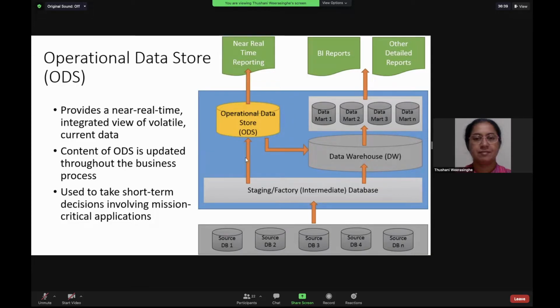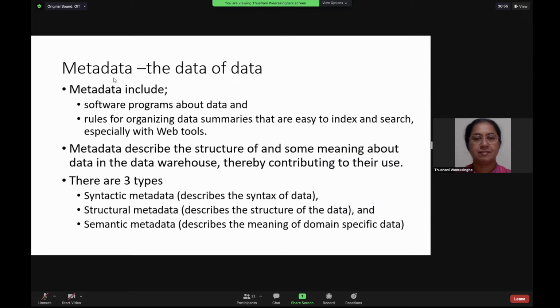With this one you also need a lot of models in order to carry out the analysis, so you can take the data in the organization in order to conduct the operations. Then you have the metadata, you know about this. This is data about data. There are three types of metadata: syntactic metadata, structural metadata, and semantic metadata.